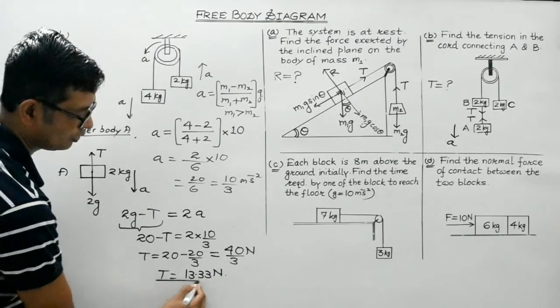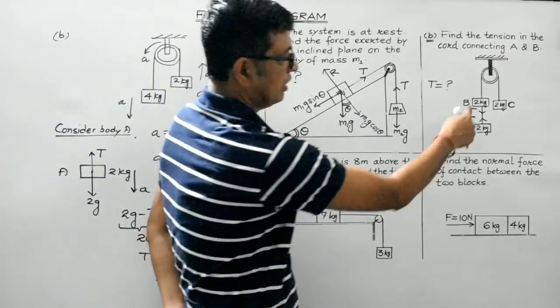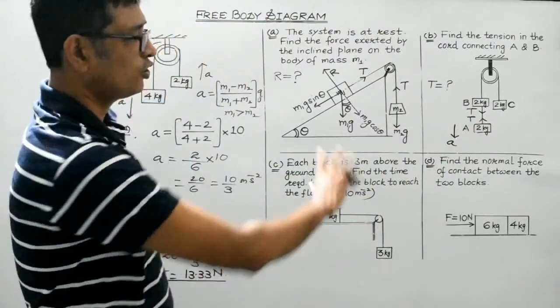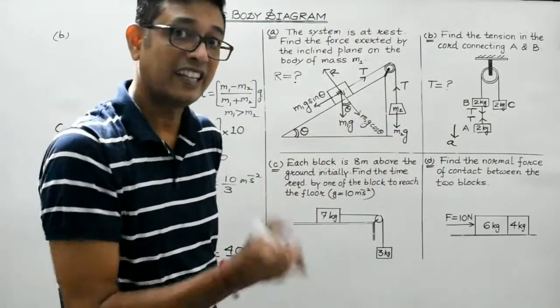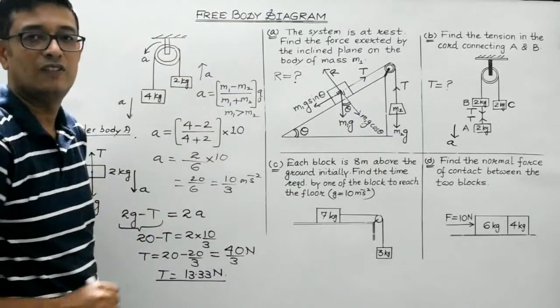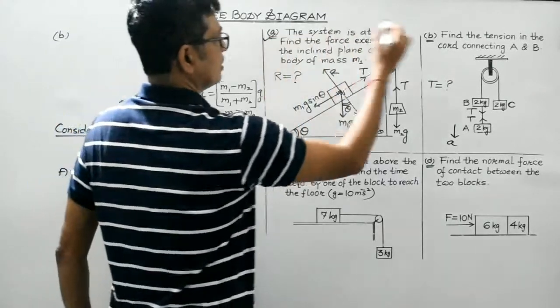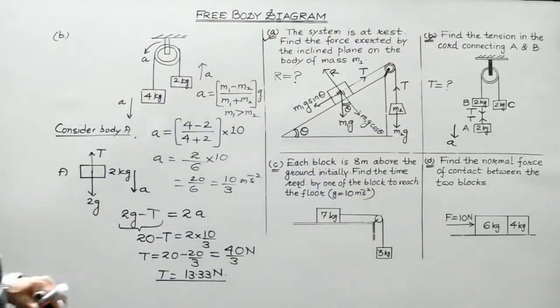So, this is the tension in the string between the bodies A and B. So, such questions can be done directly by using this particular formula, right? So, we are over with question number B as well, right? We have done both these questions.